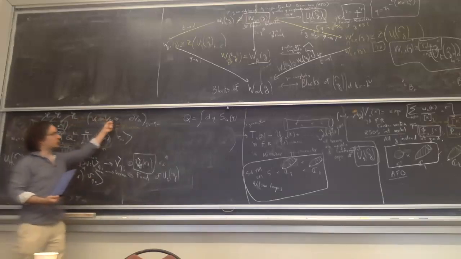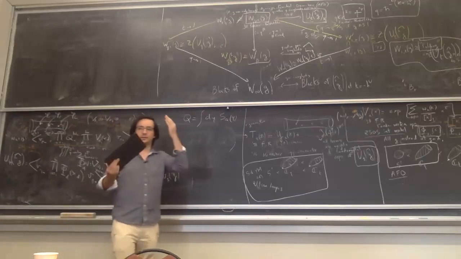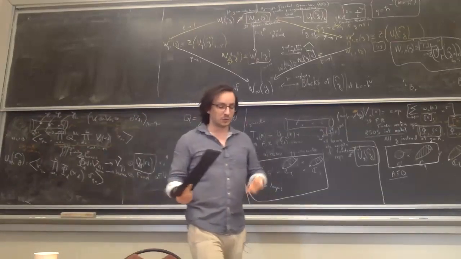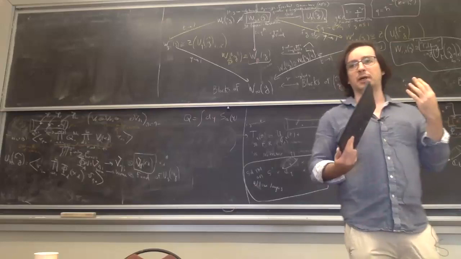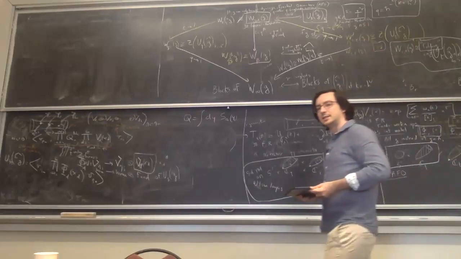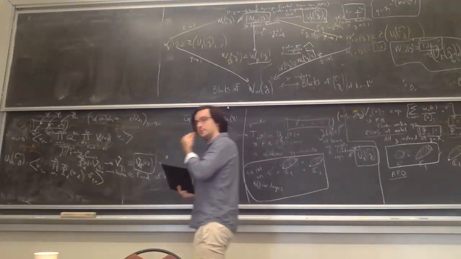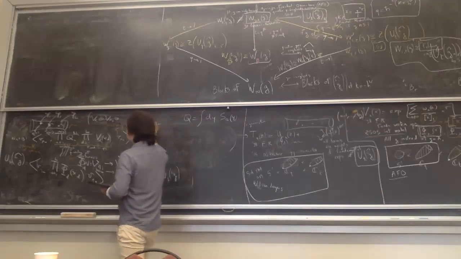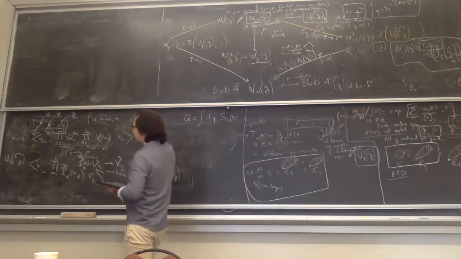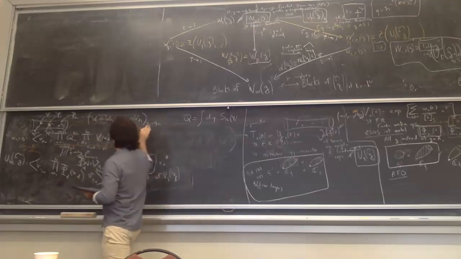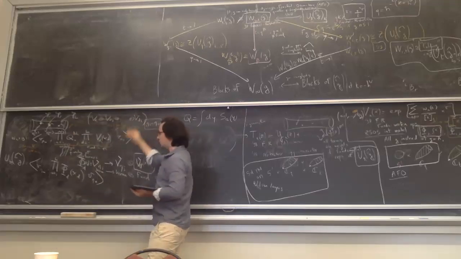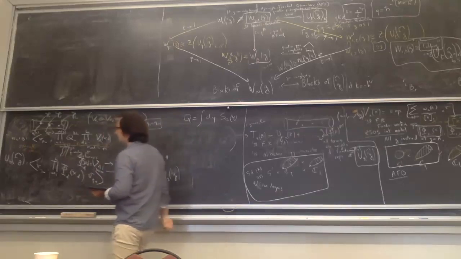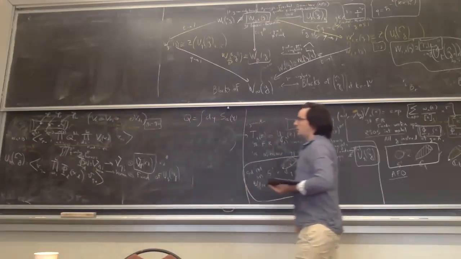Out of this tensor product, a conformal block is a map that takes as input a tensor product of modules and outputs some identity, some trivial module. So here we're working in this weight subspace of weight this. That literally is what this means.